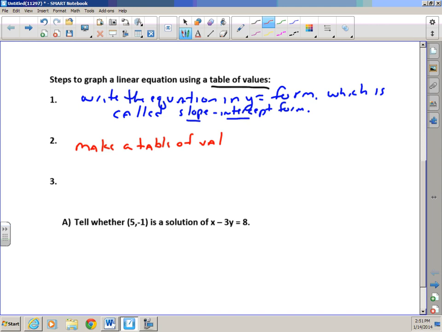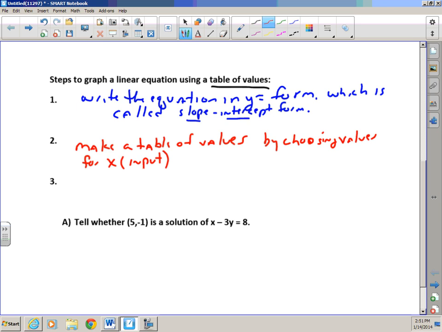Now, since we're using a table of values, we're going to make a table of values by choosing values for x. Now, why are we choosing values for x? Because x is our input.